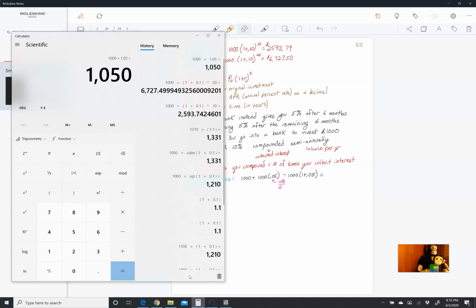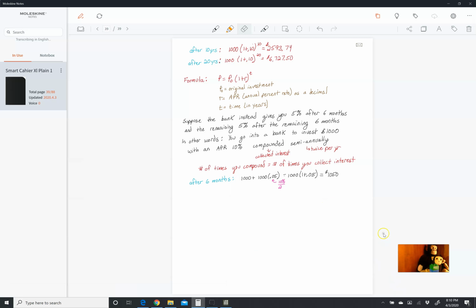And we get $1,050 after 6 months. Okay, now let's see what we get after 1 year. Well, after 1 year, we're going to get the 1050, which is the 1,000 times 1 plus 0.05.